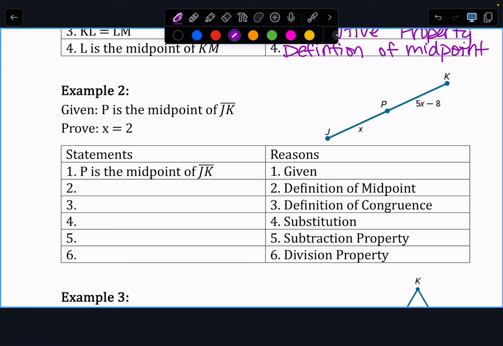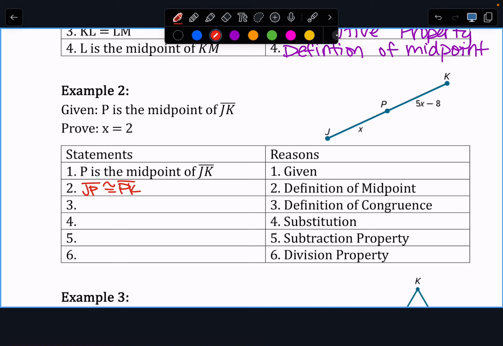So, if P is the midpoint of JK, what can we write? Oh, so you're just kidding, we don't have to do this? All right. JP is congruent to PK because of the definition of midpoint.